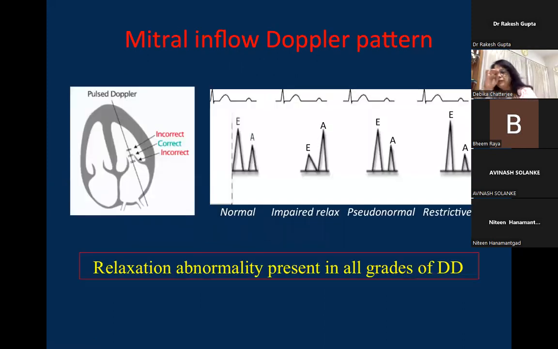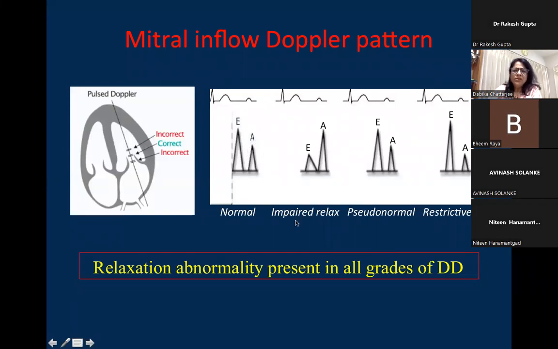Next, after the two-dimensional echo parameters, we will move to the Doppler pattern for assessment of diastolic dysfunction, where at first we measure the mitral inflow Doppler. We look at the Doppler pattern. As I have described, normally the E wave, which is due to early rapid filling phase, is bigger than the A wave.